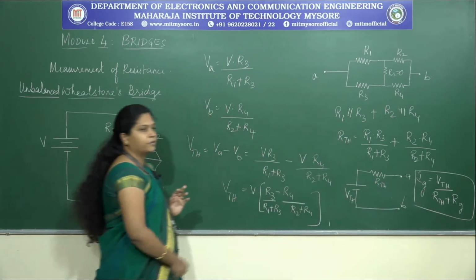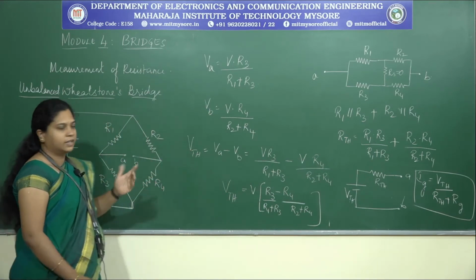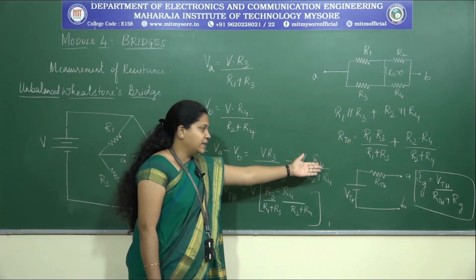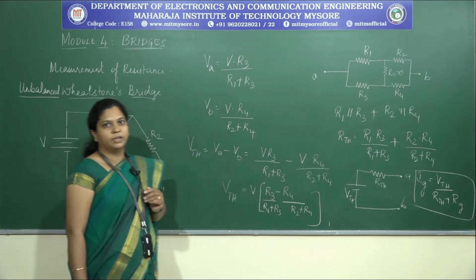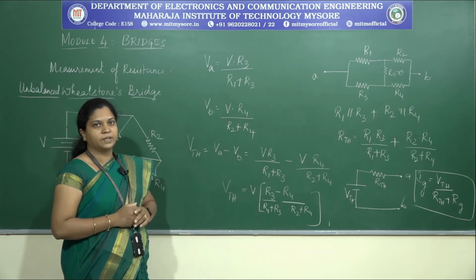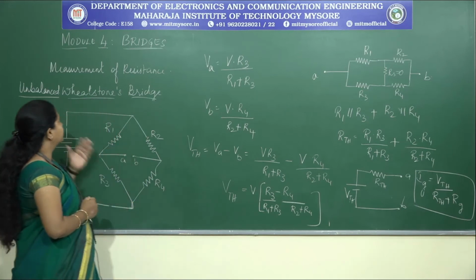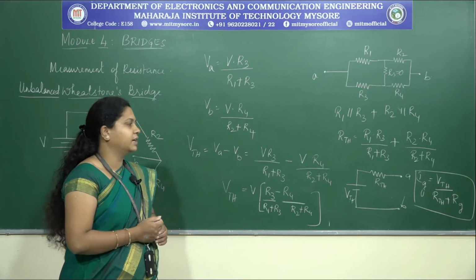So, by varying, say, R3, we can vary the galvanometer current and bring it to a balanced condition. This is the analysis of an unbalanced Wheatstone bridge. I hope you have understood it.